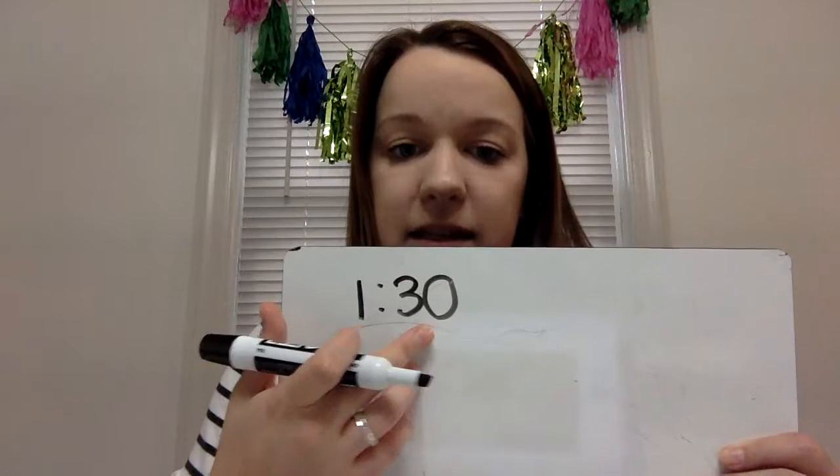So the first number is the hour, and the next numbers are the minutes. And I also talked about we can actually write it out using words. So it would look like this. Okay, so we actually have 1:30 written.